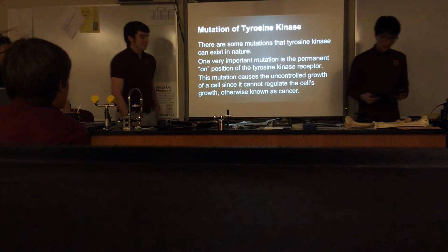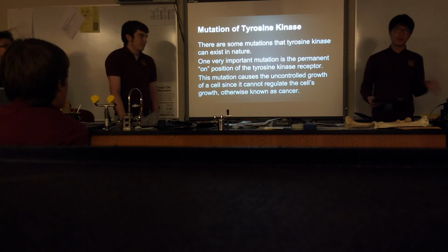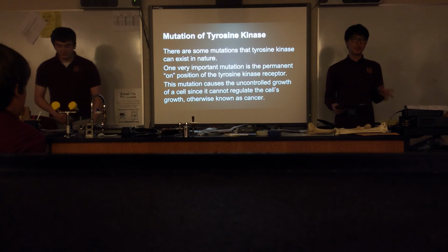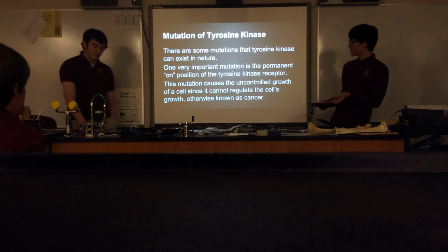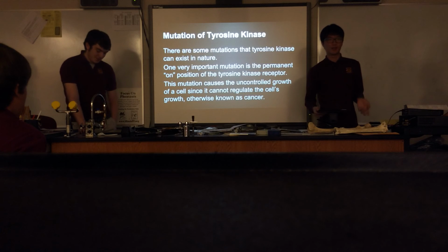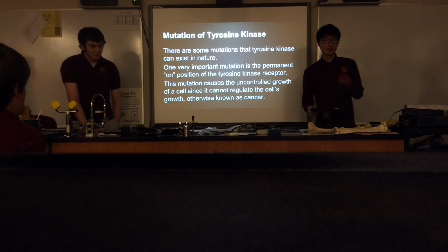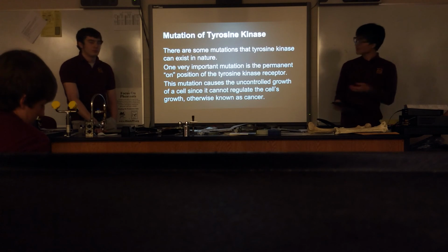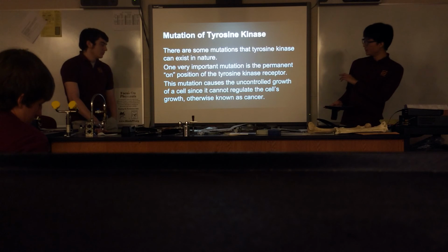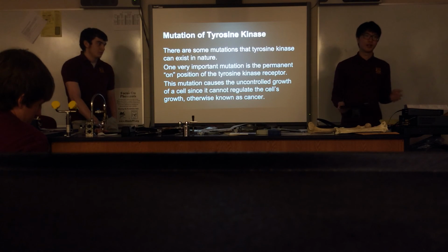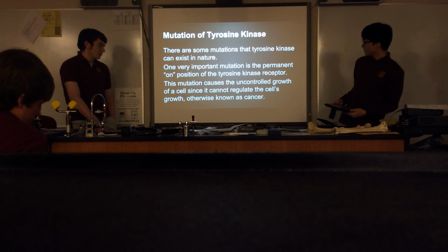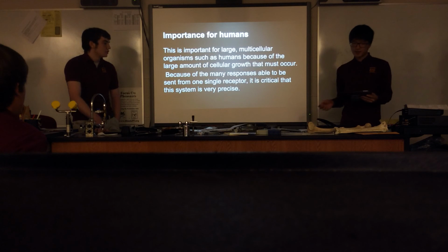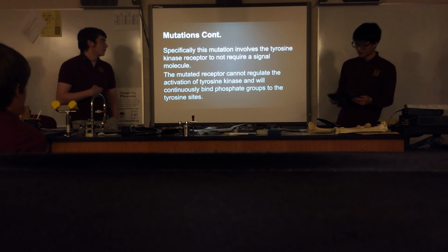When tyrosine kinase cannot regulate, it can become a mutation, and it exists in nature; it happens naturally. The position of the tyrosine kinase receptor is permanently on, which means that it works without any control. So it grows in an unregulated way. This is known as cancer.